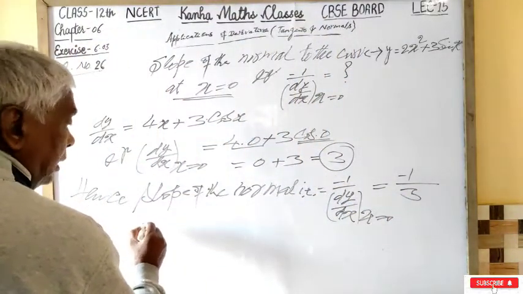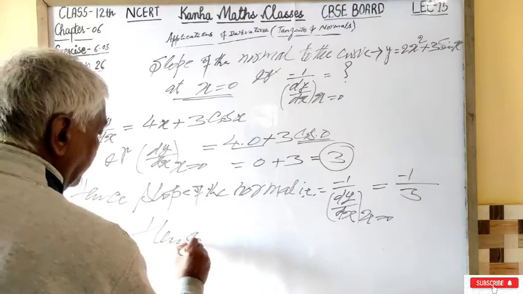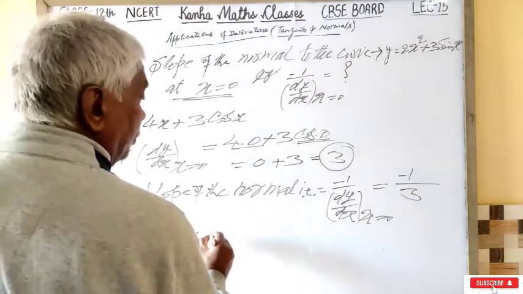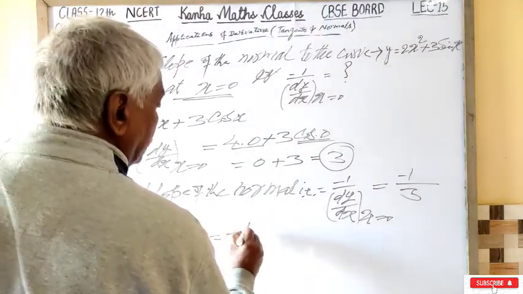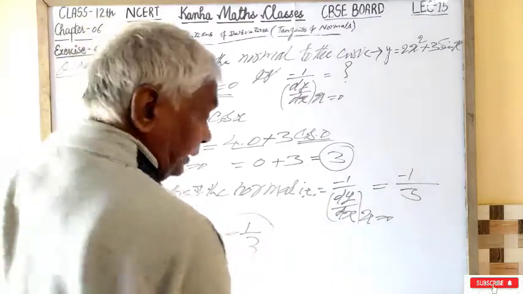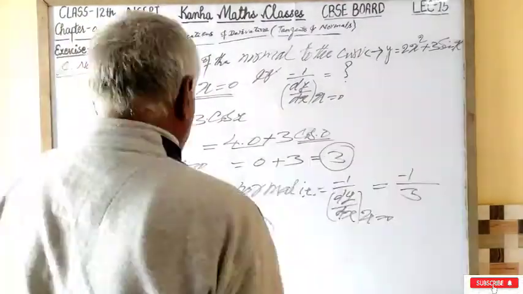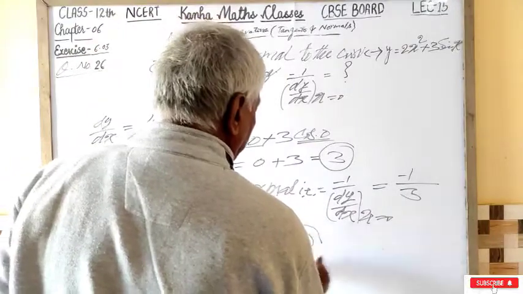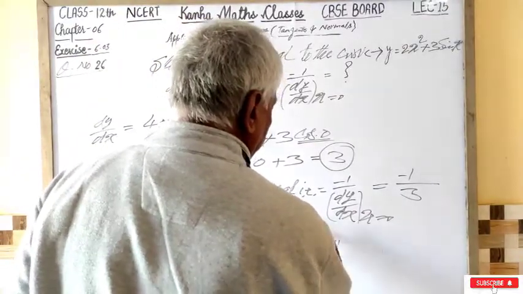Hence the requisite answer will be minus 1 upon 3, and according to the question the option is D. This is the requisite answer of the question.